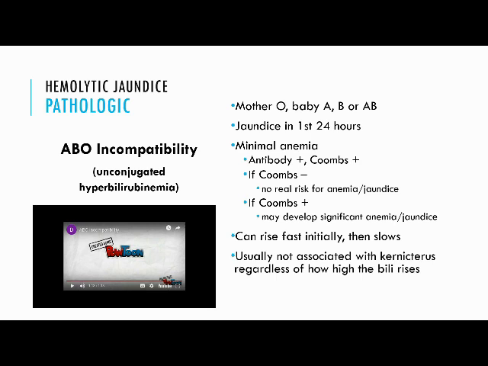So we've got a mom who's O, we've got a baby who's A or B or AB. We probably have jaundice in the first 24 hours. Minimal anemia, it varies by baby. It can be minimally anemic all the way up to moderately anemic, I would say. This just happens, you can't do anything about it.